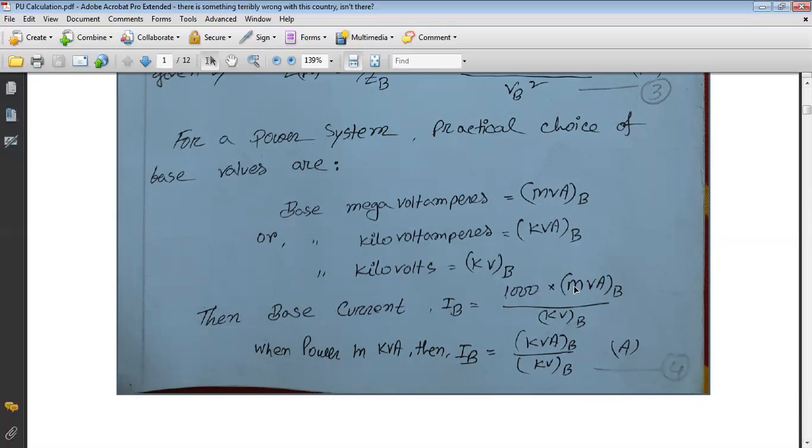Whenever the power unit is kilovolt ampere, kilovolt and kilovolt will be eliminated. The base current unit should be ampere. So to convert the megavolt ampere value, 1000 is multiplied. To clear the conception, we can see another example.